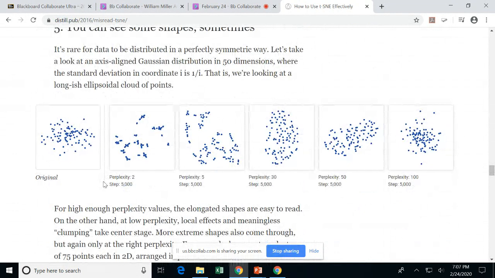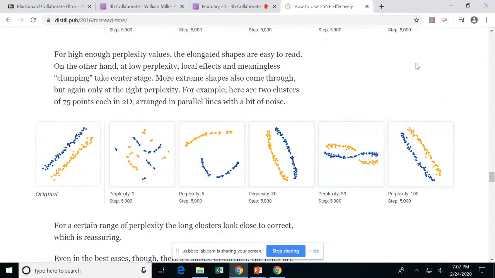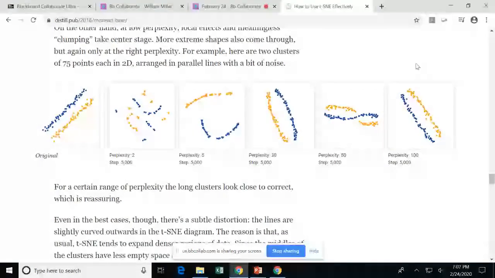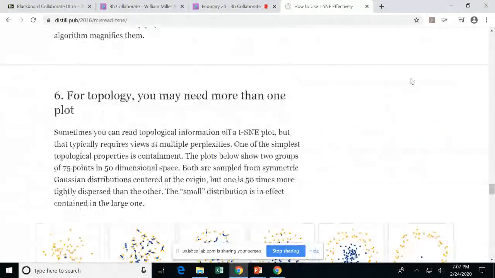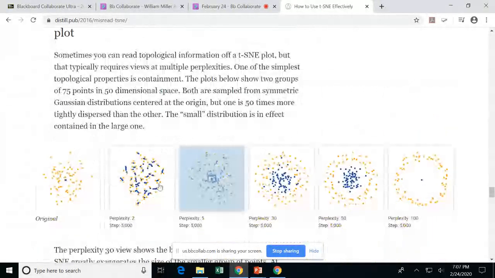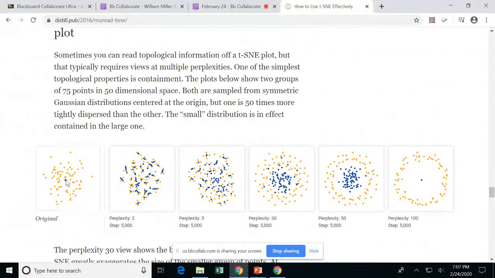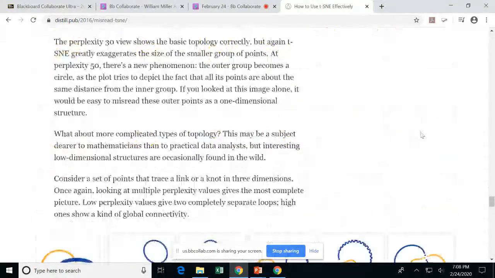So you can see for some perplexities, they get together, but for others in the middle, they tend to get squashed. The topology, there's a cluster in the middle of another, so it's kind of hard to say for a while. You have to look at it before you figure it out.